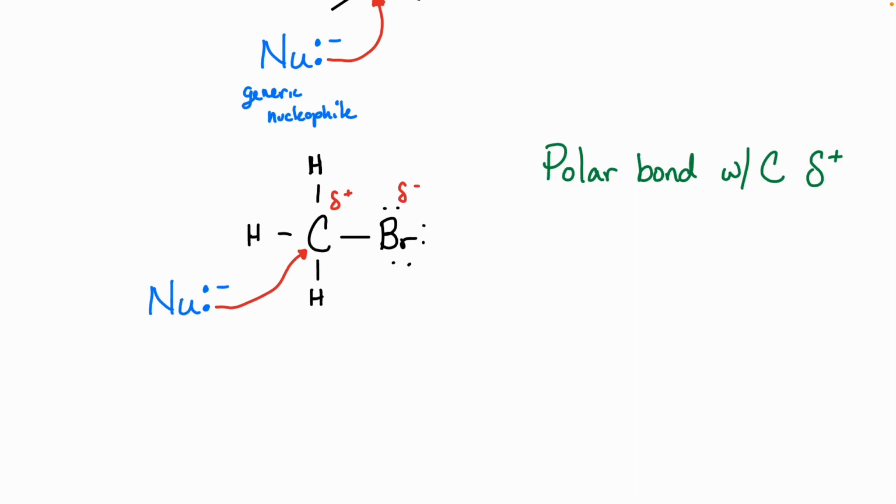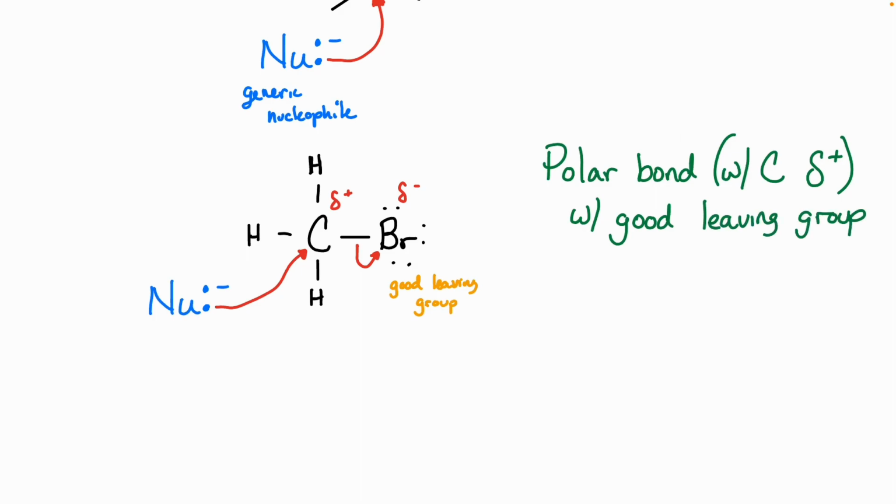But what happens is that bromide is considered a good leaving group. So that carbon can get attacked and kick off that bromide ion. So if you have a polar bond with a good leaving group, that would also be considered an electrophile.